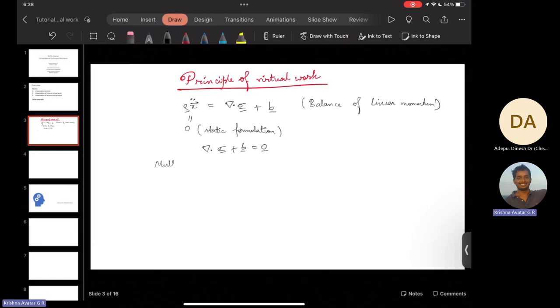Then we take the dot product, because it's a vector equation, on both sides with respect to some delta v vector.